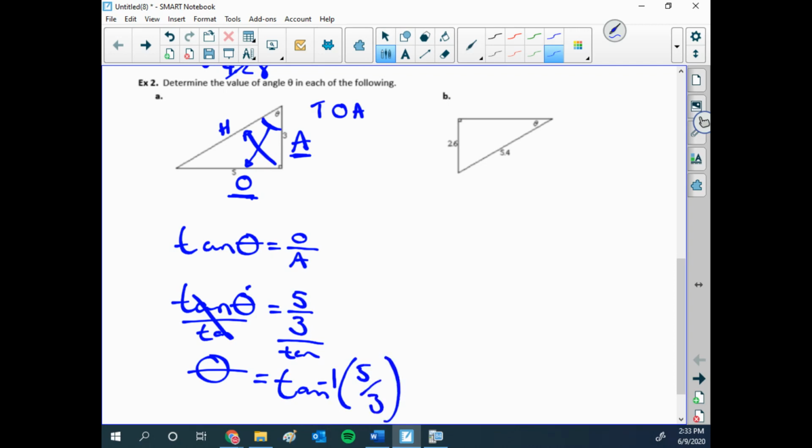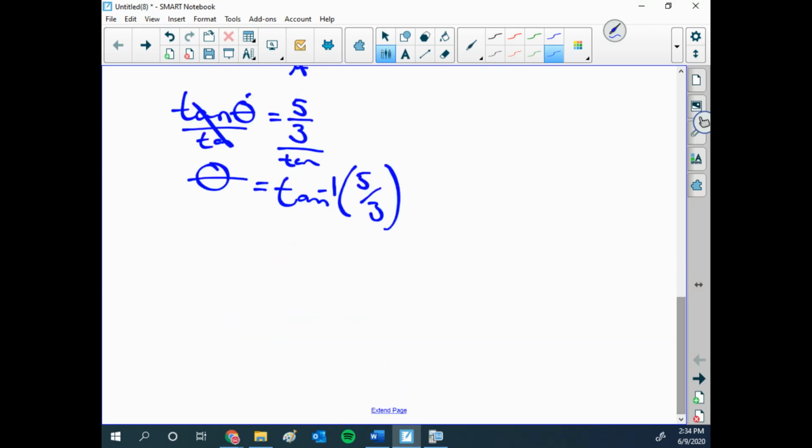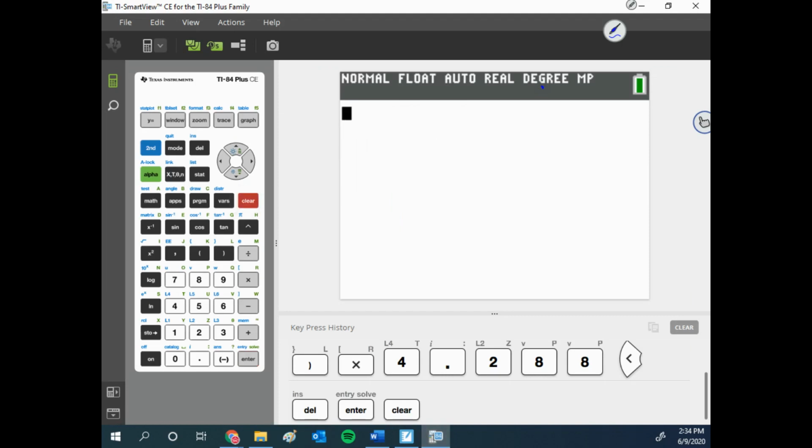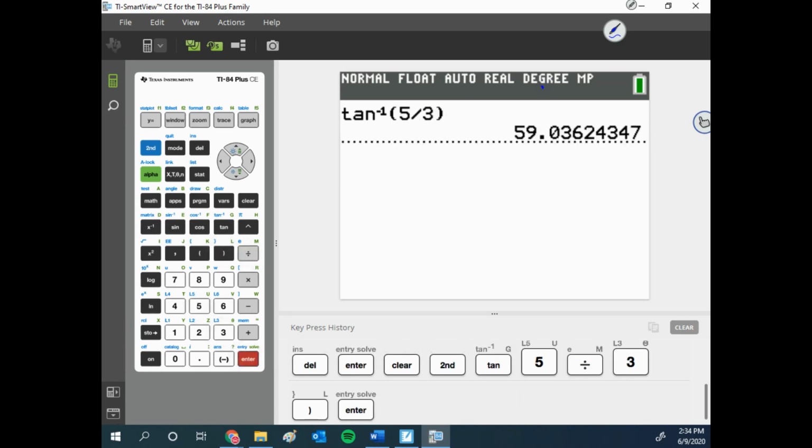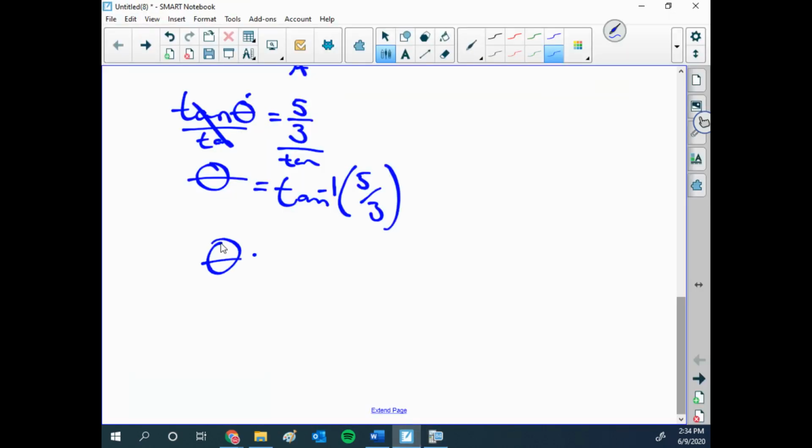So you always use the reciprocal trig function when you are trying to solve for an angle. When I'm typing this on my calculator, I would go second tan, and that gets me tan^-1. I type 5 over 3, close my bracket, and that's going to give me my answer in degrees. So that angle, theta, would be about 59 degrees.